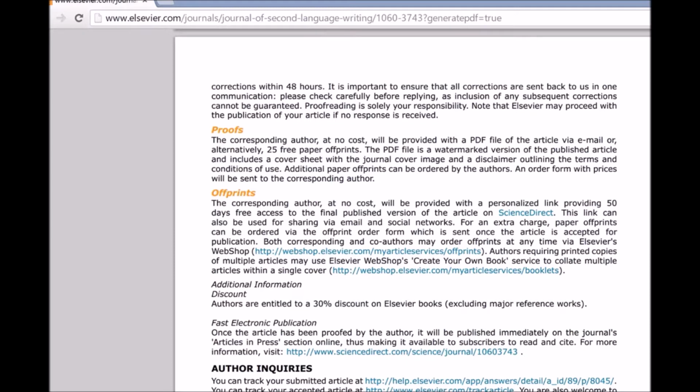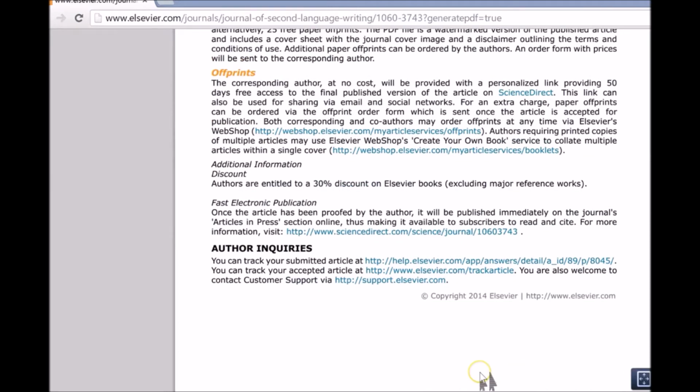Down at the bottom, you can inquire if there's a problem with your paper. It usually doesn't help, as I've said. Once they send it out to the reviewers, it's really up to the reviewers to get it back. And if the reviewers are late, there's not much the editor can do. So there's not much to complain.